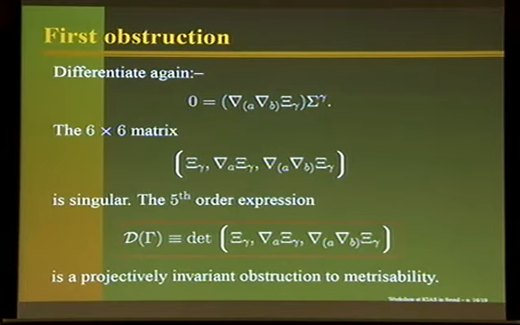But whatever, this thing is going to be, first of all, projectively invariant, and the way I've constructed it is that it is an obstruction to metrizability. Okay, so that's what you... It may vanish identically. Okay, so you may have found 0. So we better check that you don't get 0. Okay, we will do that in a minute.